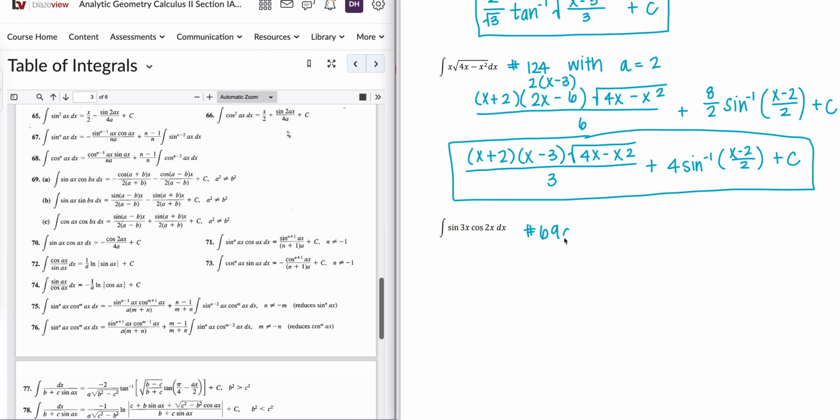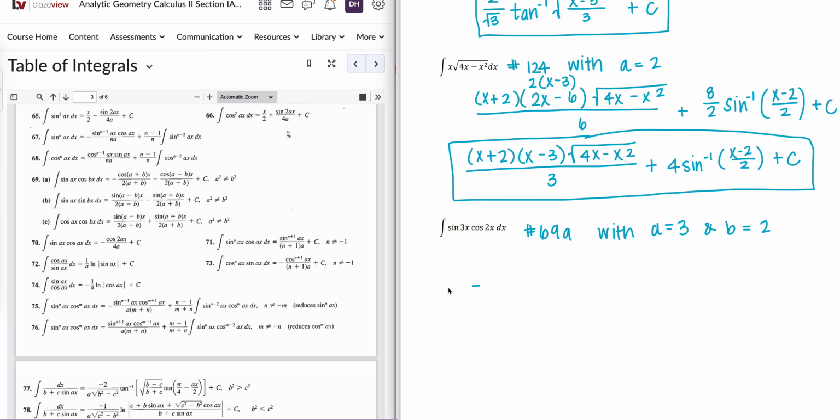So we're going to use 69a with a equals 3 and b equals 2. So we've got negative, and then it's going to be cosine of the sum of those two numbers.